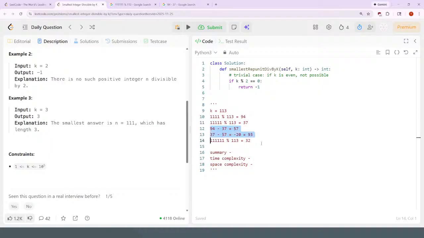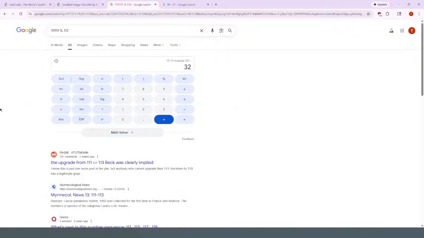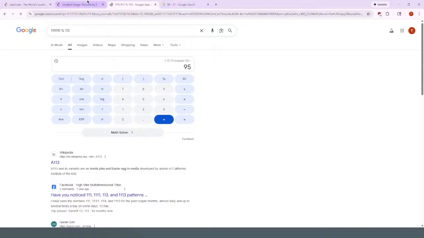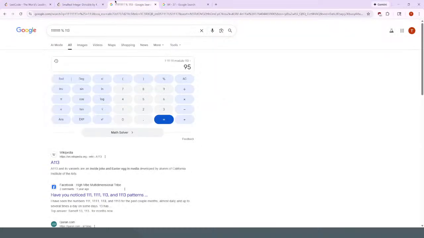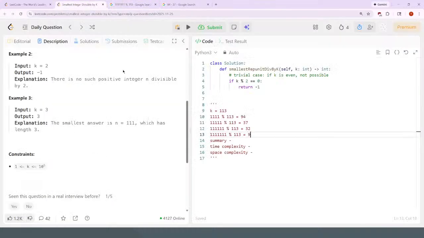Okay, so let's see if I can spot a pattern, or not a pattern per se, but some way of figuring out how to format the calculation. Interesting.